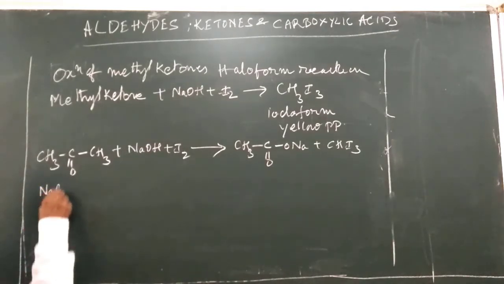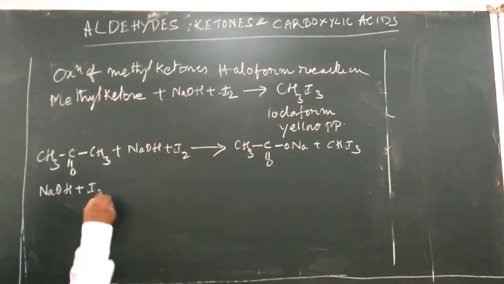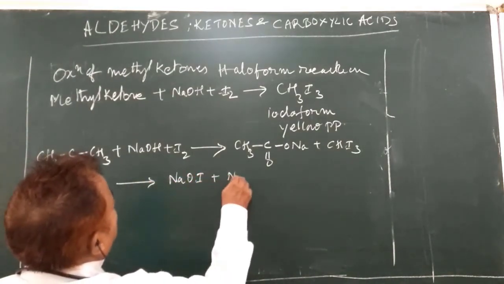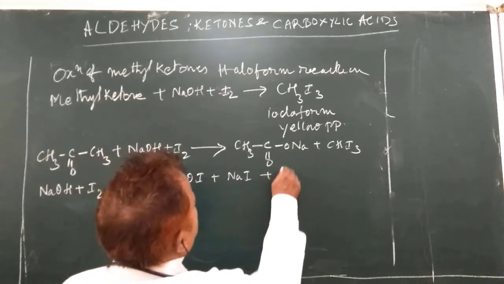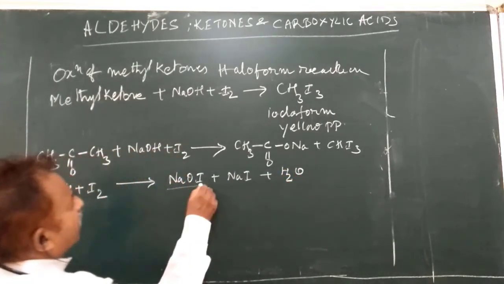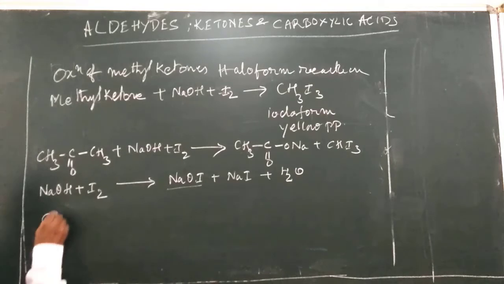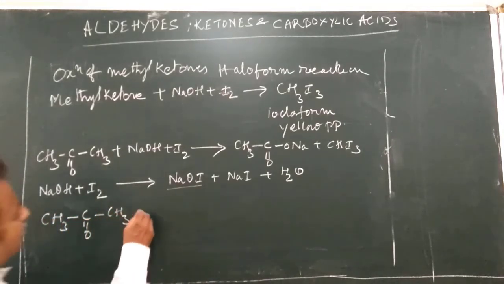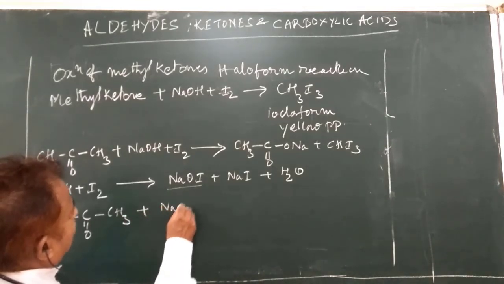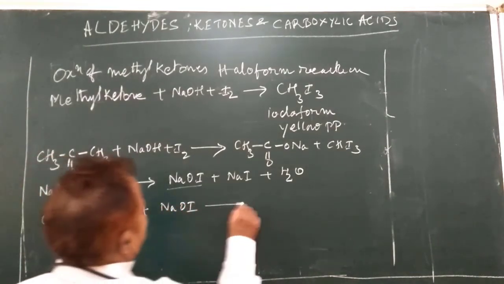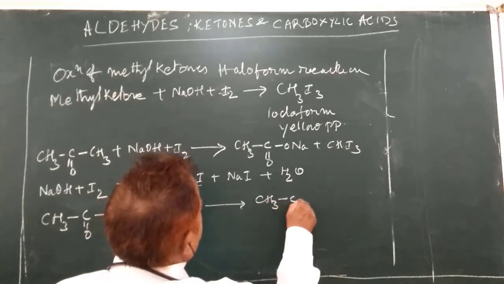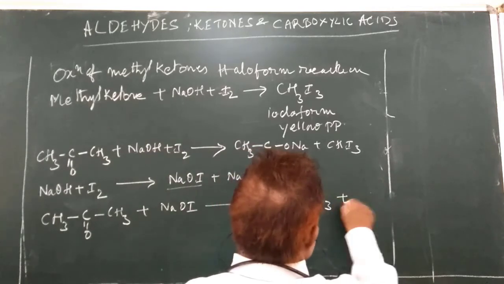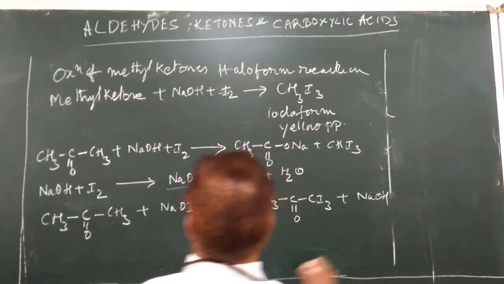Initially, sodium hydroxide plus I2 gives NaOI plus NaI plus H2O. This NaOI reacts with CH3C=O CH3 to give CH3C=O CI3 plus NaOH.